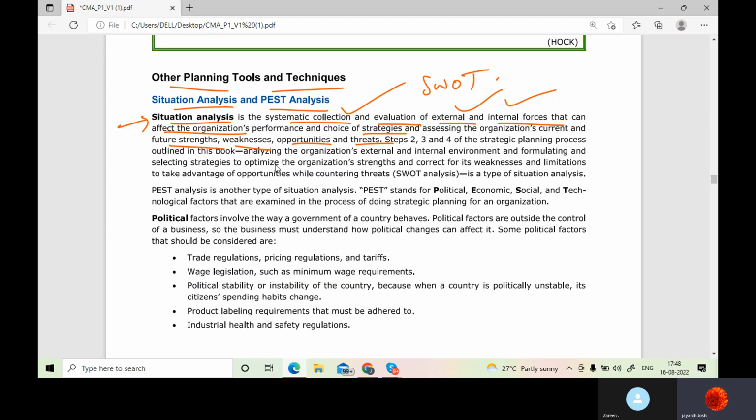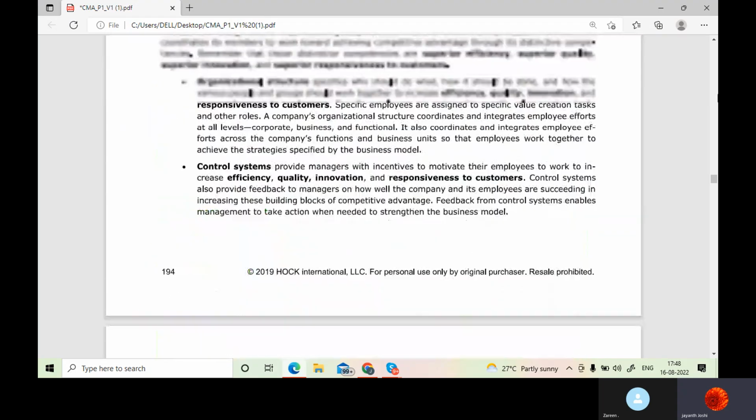Okay, so for that we need to do first SWOT, that is nothing but strengths, weaknesses, opportunities and threats, and then steps 2, 3 and 4 of the strategic planning process outlined in this book. We have already discussed them, steps 2, 3 and 4.